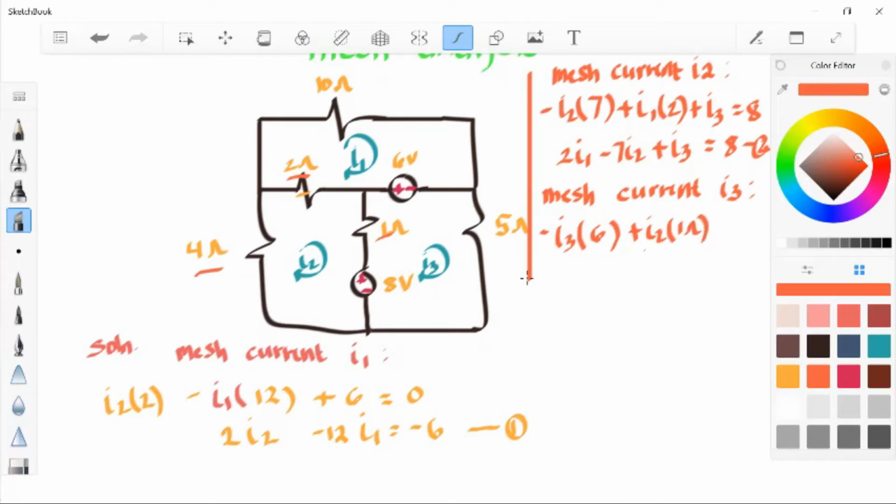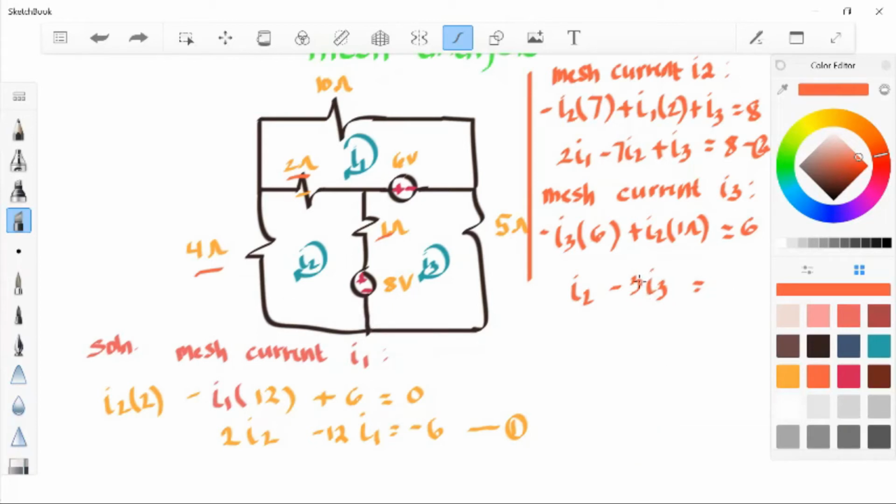Again I3, but at this point the 6 volt will be the potential difference. Therefore, it exits at the negative side of the battery, and if we transpose that to the right hand side, that will become positive 6. Therefore, that would be I2 minus 3 I3 is equal to positive 6.